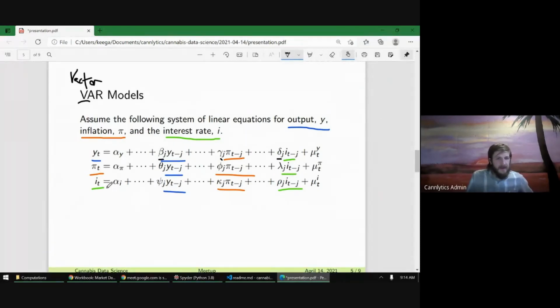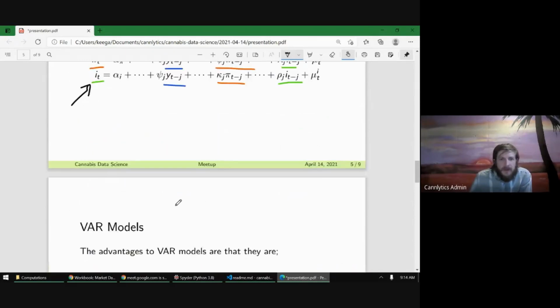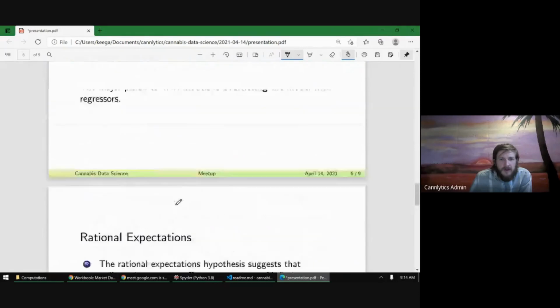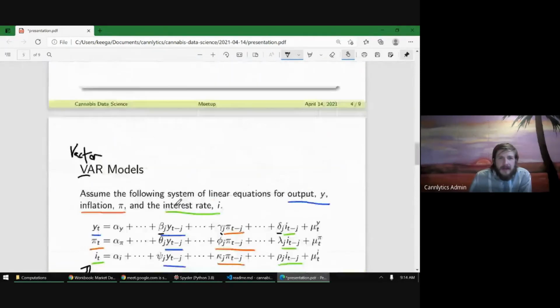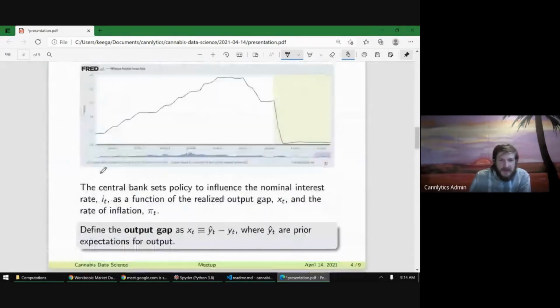And then this last equation is interesting because this is sort of similar.